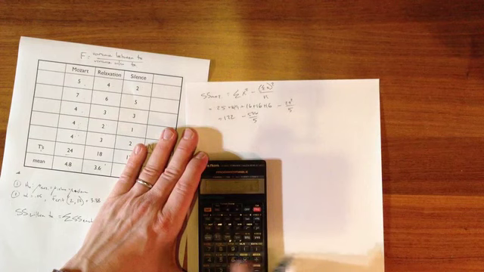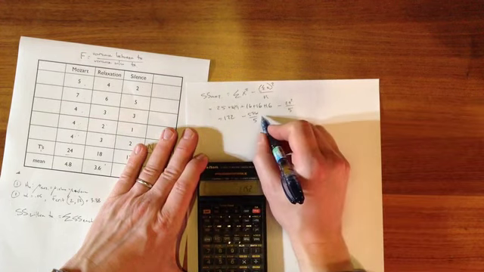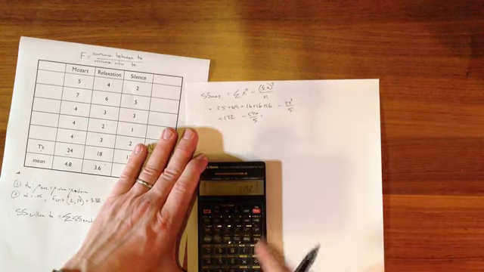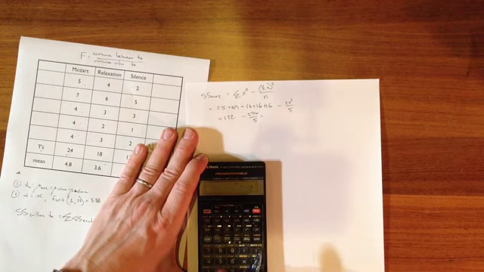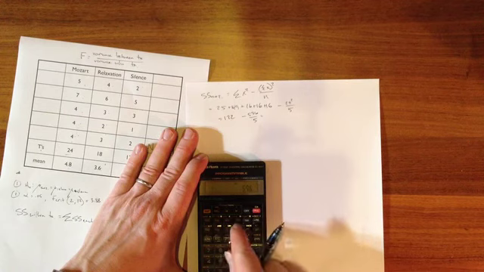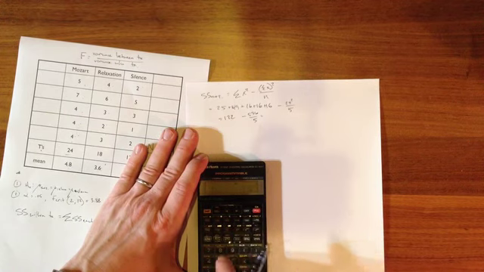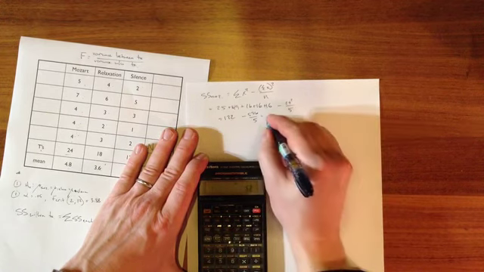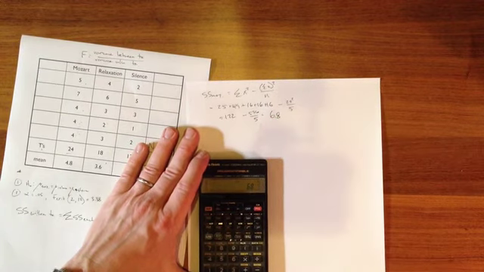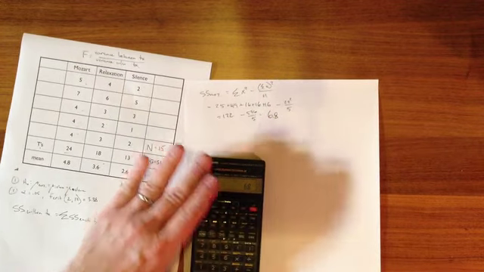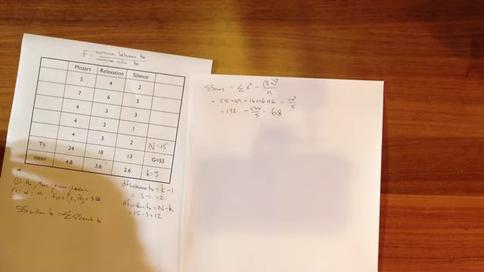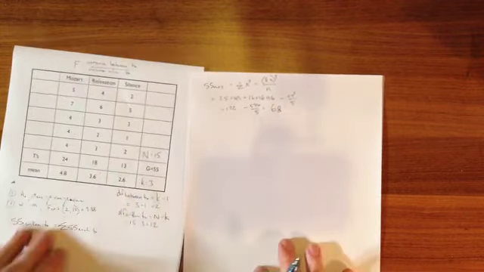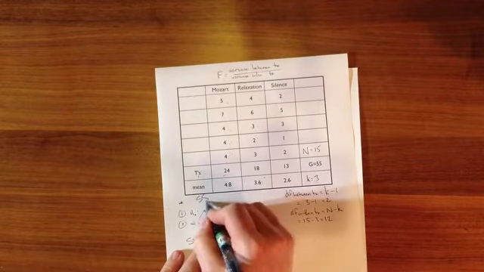Divide that by 5, and we get 115.2. So the difference is 6.8. So what I'm going to do is copy that value down on our chart here. For the sum of squares, I got 6.8 for the Mozart group.